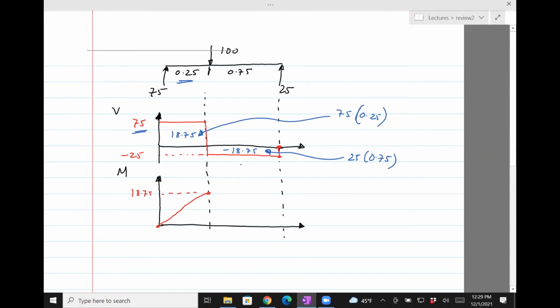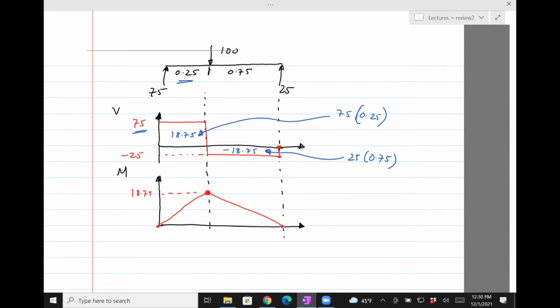And then you can see on the right side, it decreases by 18.75, ultimately reaching 0. So it'll also be a straight line because the force is concentrated. So what we observe here is that the maximum bending moment occurs at the point where the 100 Newton force acts, which we know.